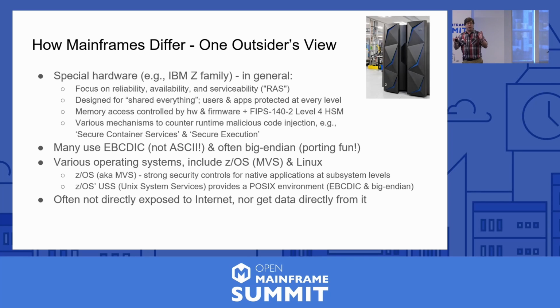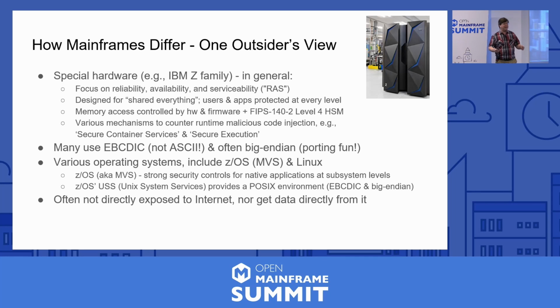So I asked various folks before I came here, tell me more about what's going on in the mainframe world. I'm not going to walk through all of this slide, but the comments I got back were: special, different hardware, machines like the IBM Z family, lots of focus on RAS, reliability, availability, serviceability. Not all, but many of these systems are using EBCDIC. A lot of big endian, which leads to porting fun.